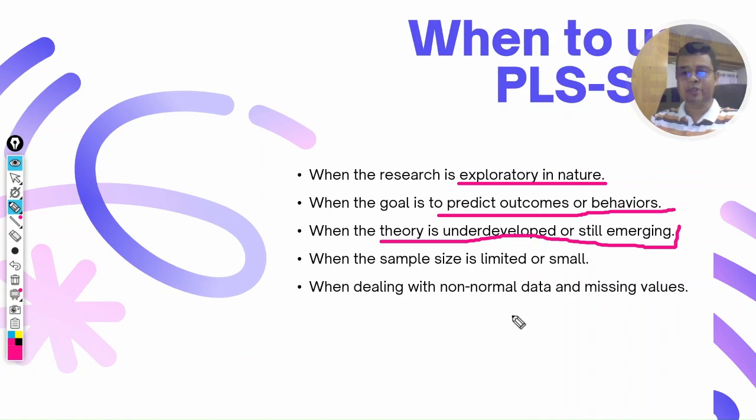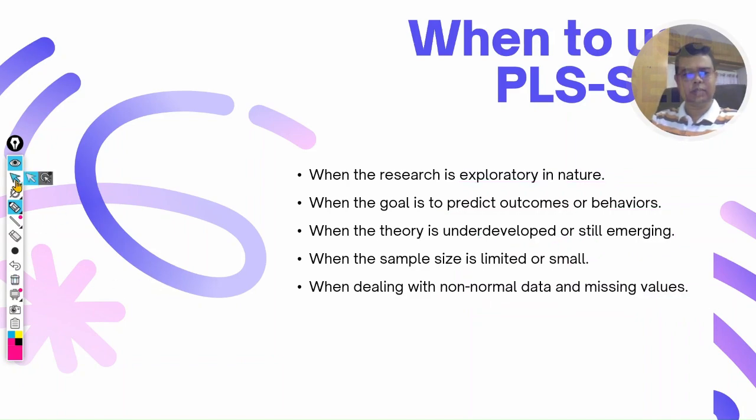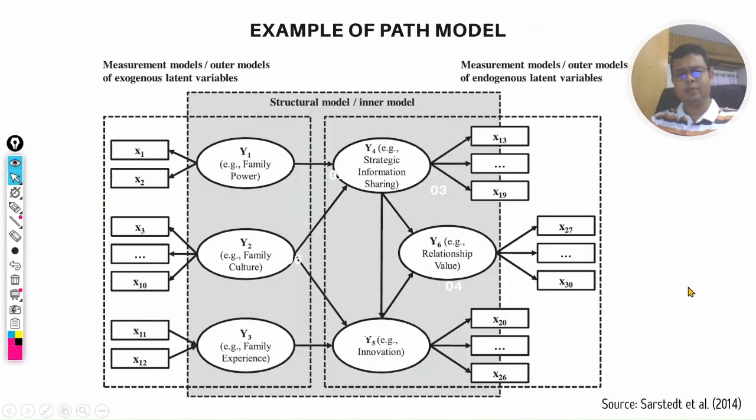Okay, when the sample size is limited or small, as I said in the last slide, when dealing with non-normal data and missing values, as I have already mentioned, right? In these situations we use PLS SEM.